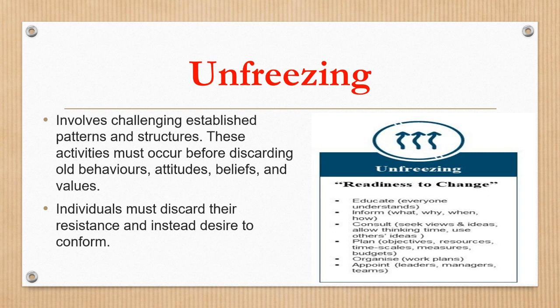Despite perceptions of individuals, they must discard their resistance and instead desire to conform. In getting the individuals in a state of readiness for change, they will be educated or informed of the reasons why things are done, how they are done, when they are done, and what the changes are.